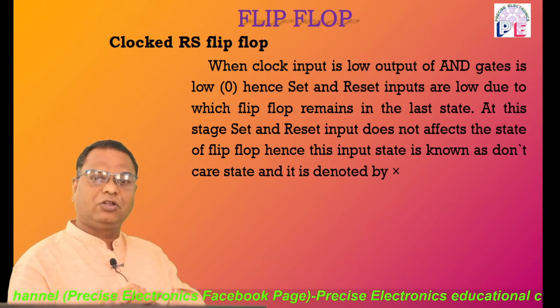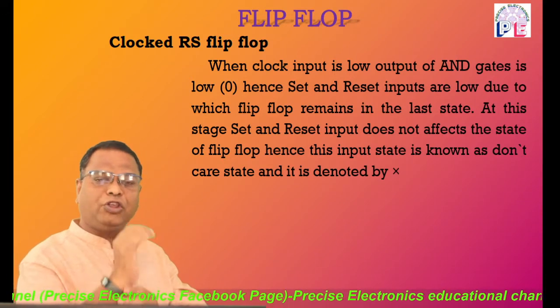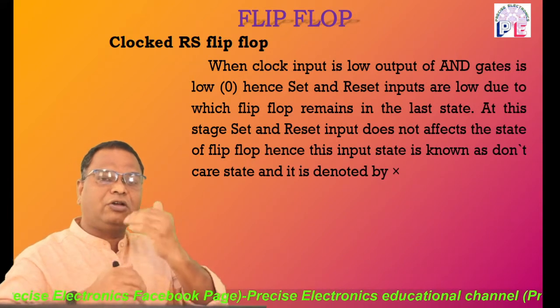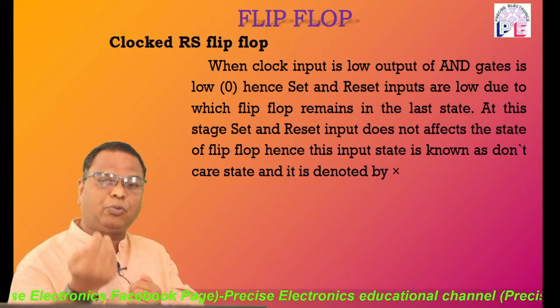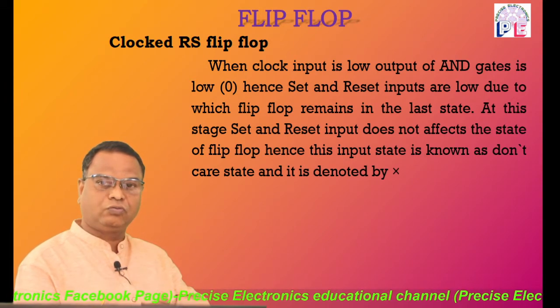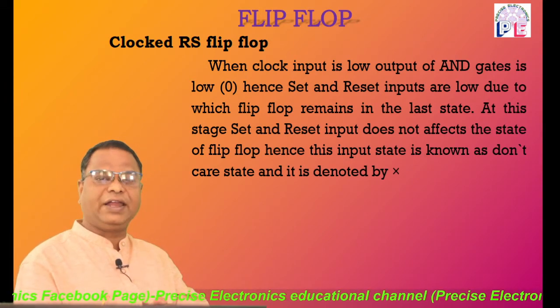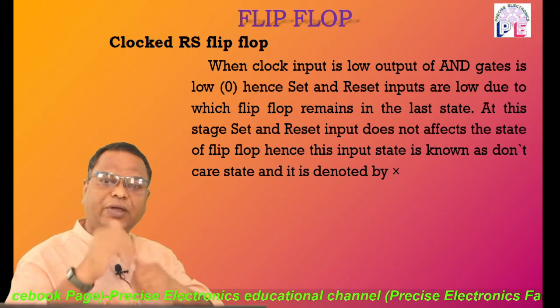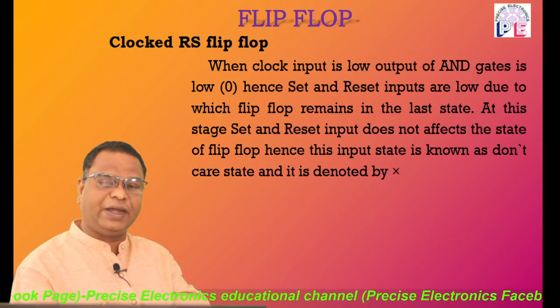First, when the clock input is low, whatever may be the set input and reset input, the output of the AND gate remains low. Because in case of an AND gate, the output is high only when all inputs are high. In this case, it is a 2-input AND gate.